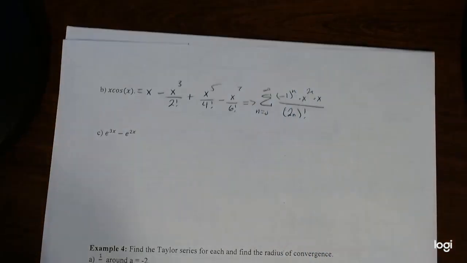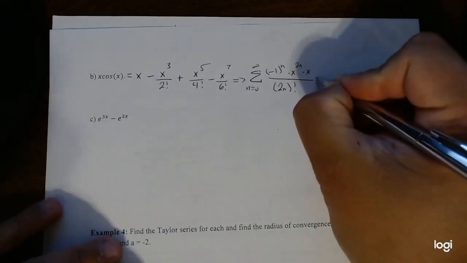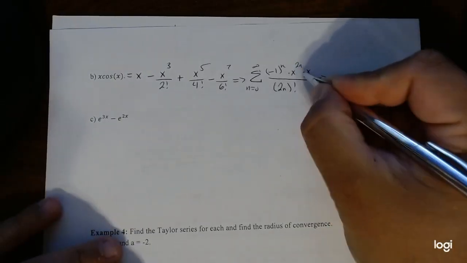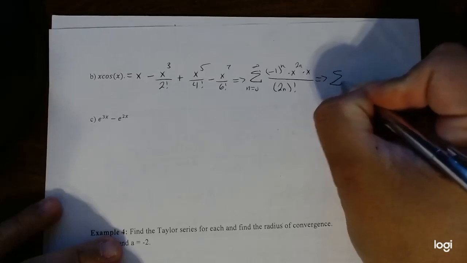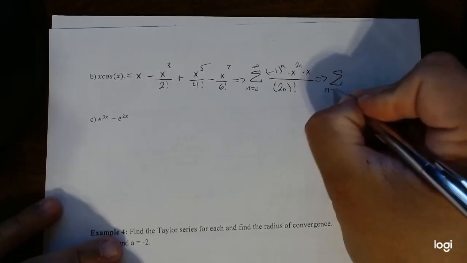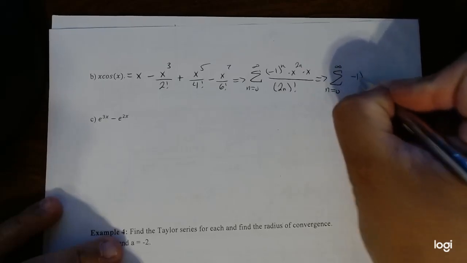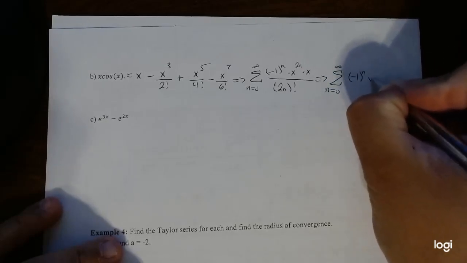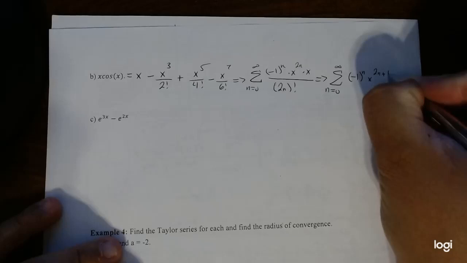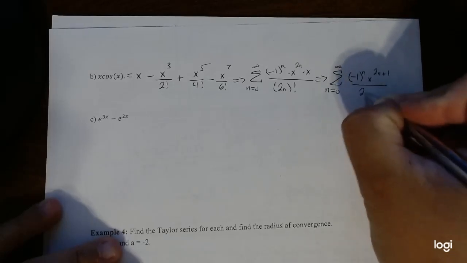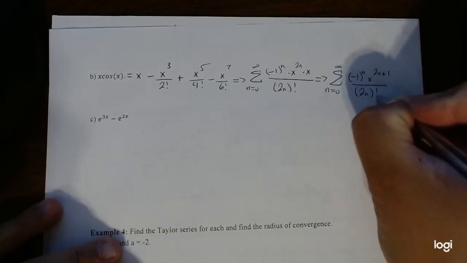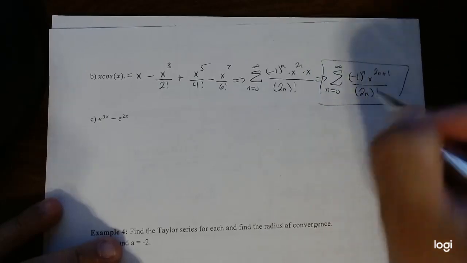And again, you're perfectly fine at this point, but if you look at the back of your book, they'll put these together to make it look like this. And there you go. Either one's fine.